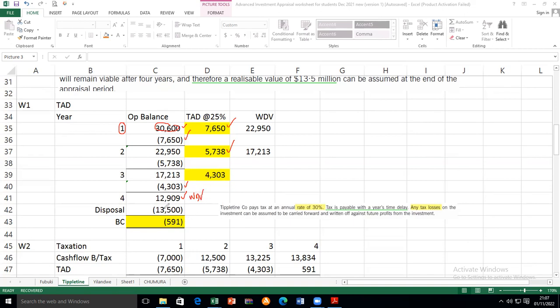Then we don't apply 25% on this, no. We try to ascertain whether there was a balancing allowance, looking at all the allowances that you have received so far, or indeed there was a balancing charge. Is there a balancing allowance or a balancing charge?